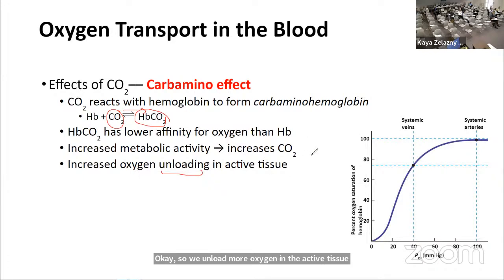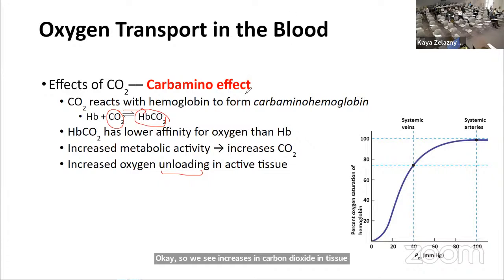And something that's kind of amplifying this effect is that when you have increases in metabolic activity, we're really talking about making ATP. So we're talking about breaking down glucose. Carbon dioxide was our byproduct of that. Okay. So we see increases in carbon dioxide in tissue that's actively making ATP.